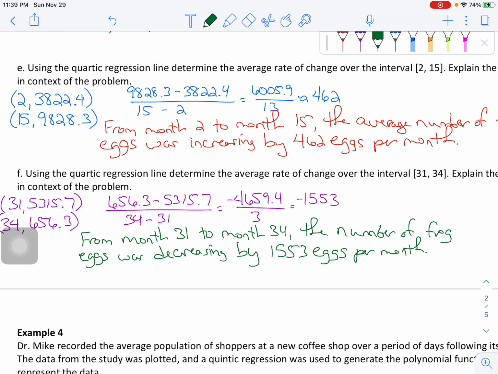Okay, so again, I've identified the interval. So this is months 31 to month 34. Because this average rate of change was negative, that's going to be a decrease. Okay, and it's got to be 1,553 eggs per month.